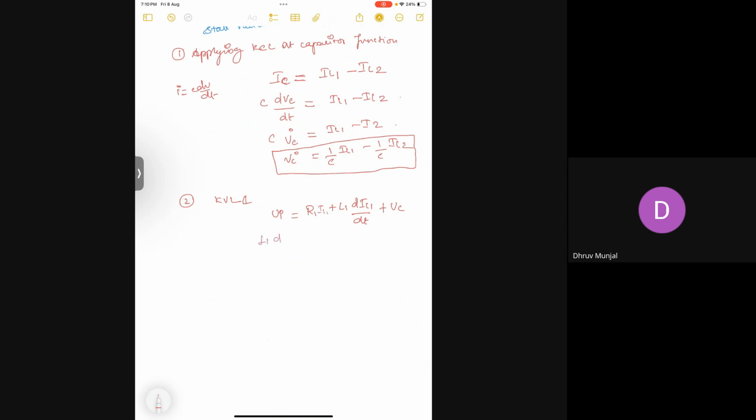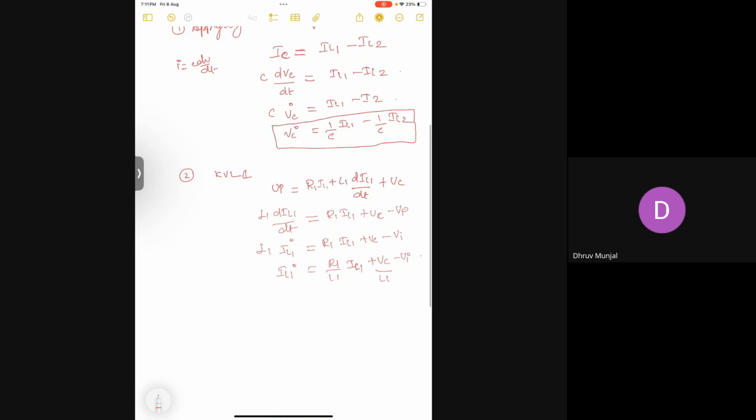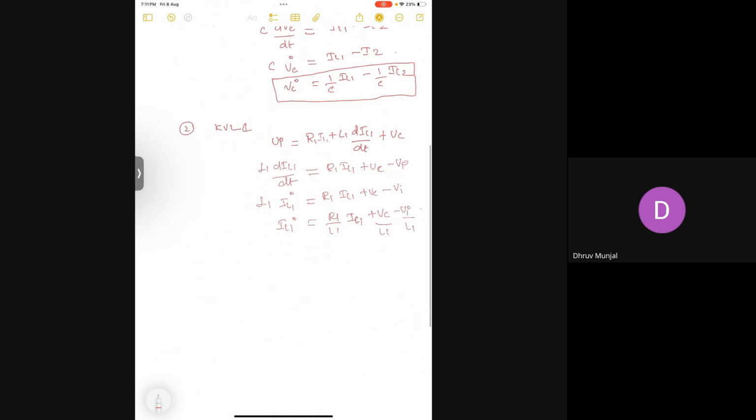Keeping this here because I need it in terms of differential equations as I did in the previous step, this gives me L1 IL1 dot equals minus R1 IL1 minus Vc plus Vi. So IL1 dot equals minus R1 by L1 IL1 minus Vc by L1 plus Vi by L1, because L1 is common for all.